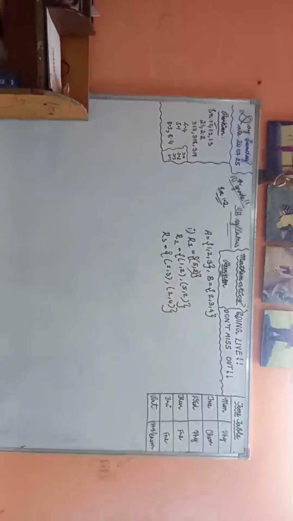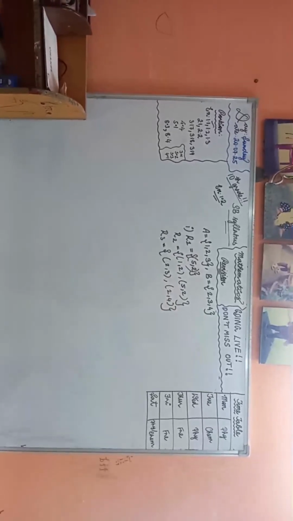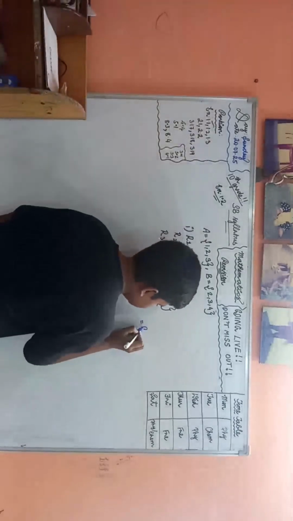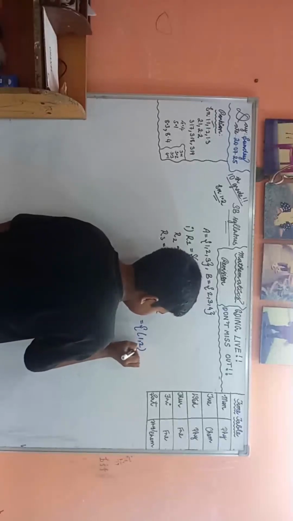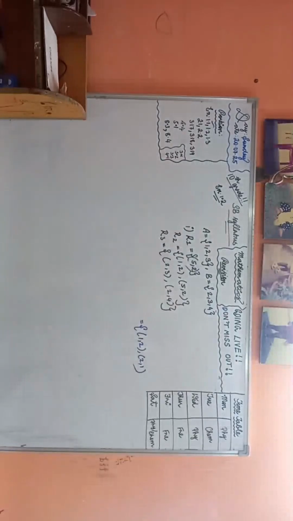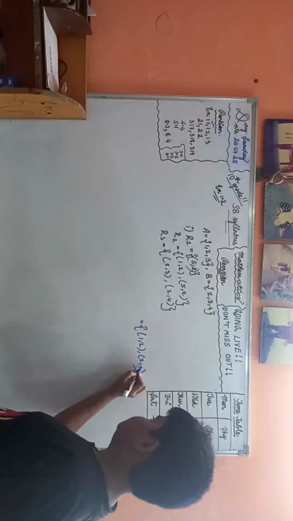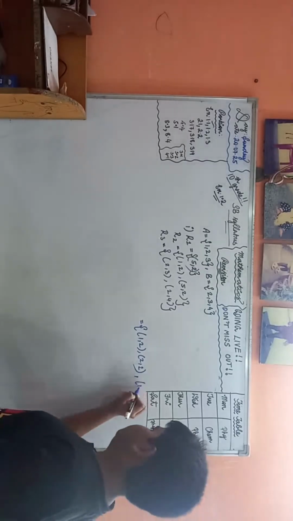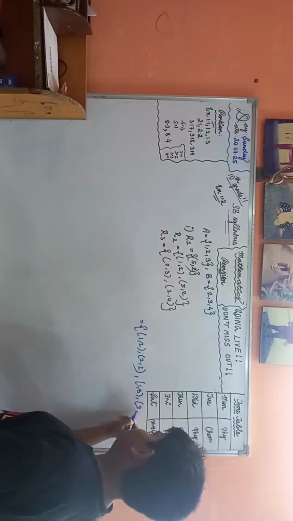So what is the range? Okay, so 1, 2, 2, 1, 1, 1, 2, 2, 1, 3, 2, 2, 2, 2, 2, 1, 3 and 1, 3 and 2, 4.